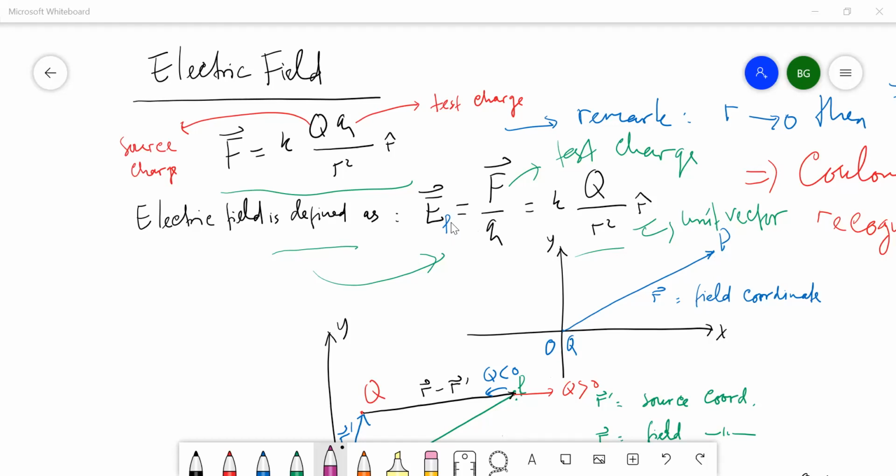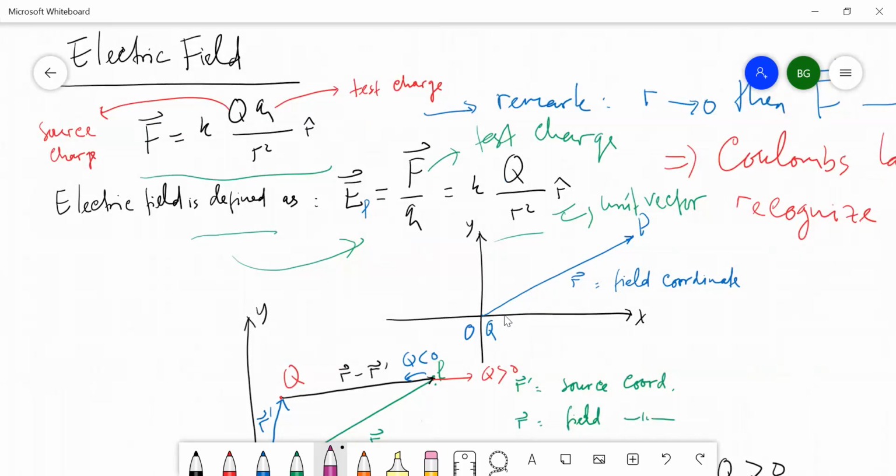So the electric field is defined as a vector at P. We consider the source charge lying at the origin, and a point P with distance r, where r is the position vector.